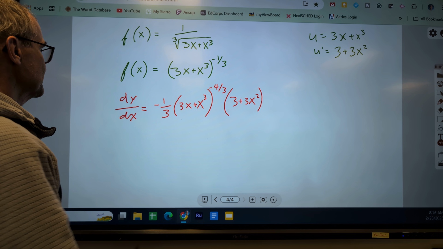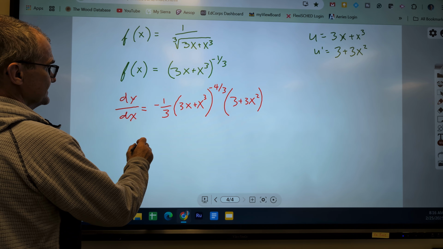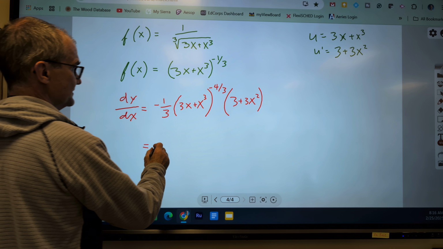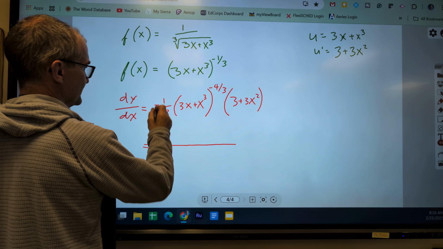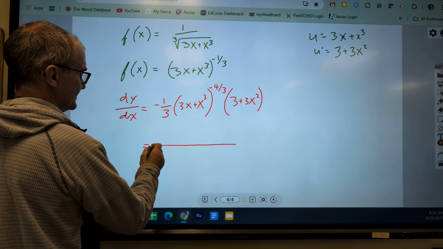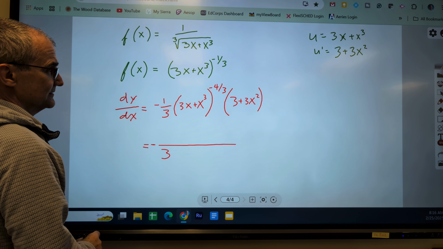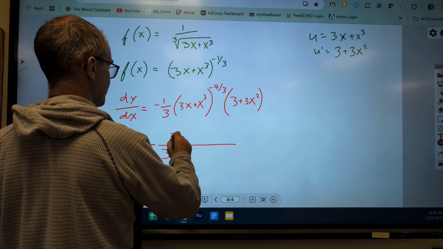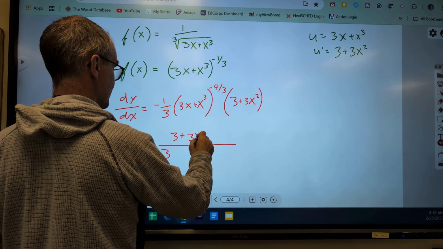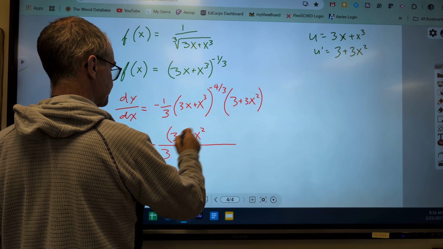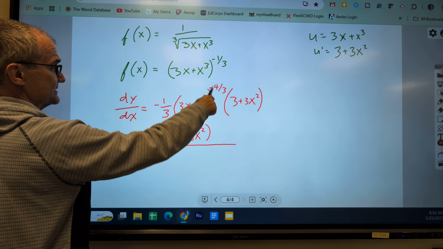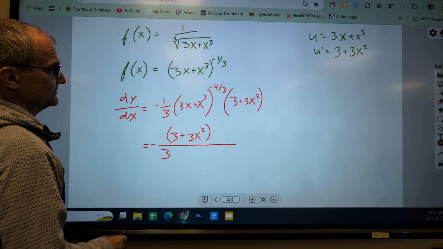Let's clean this up a little bit. So dy dx is equal to, I'm going to move that 3 to the denominator. I'm going to pull that negative out in front. That 3's down here, and this whole thing is up top, 3 plus 3x squared. Then this whole thing is negative, so it's in the denominator.